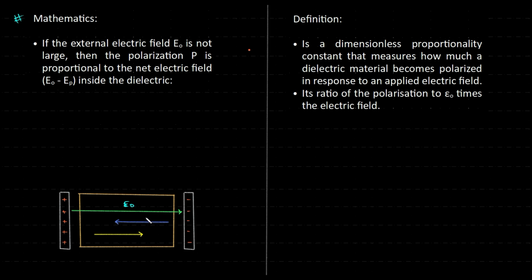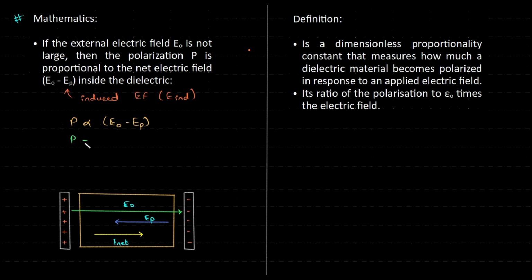The net depends on what our induced electrical field is, and your net would be the difference between the two. So here, this is your induced electric field. Sometimes I might write it as induced, so please don't mind. So here we're talking about P being proportional to E naught minus E_P.